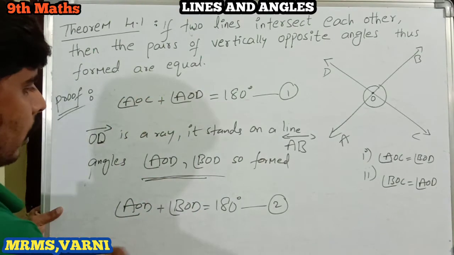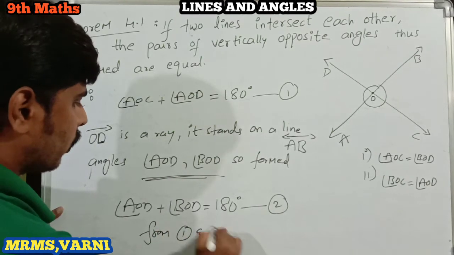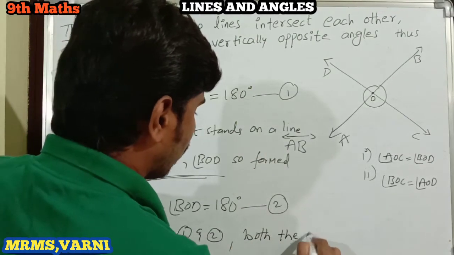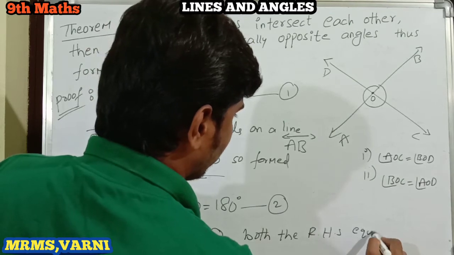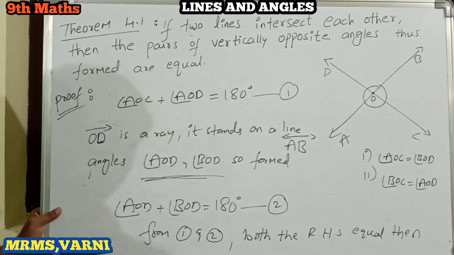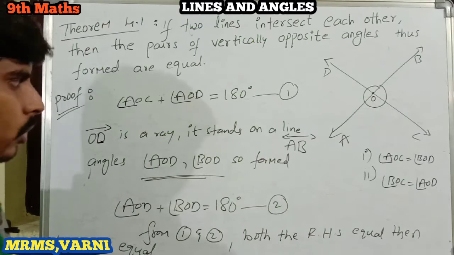So from 1 and 2, both the RHS are equal, then LHS also equal.